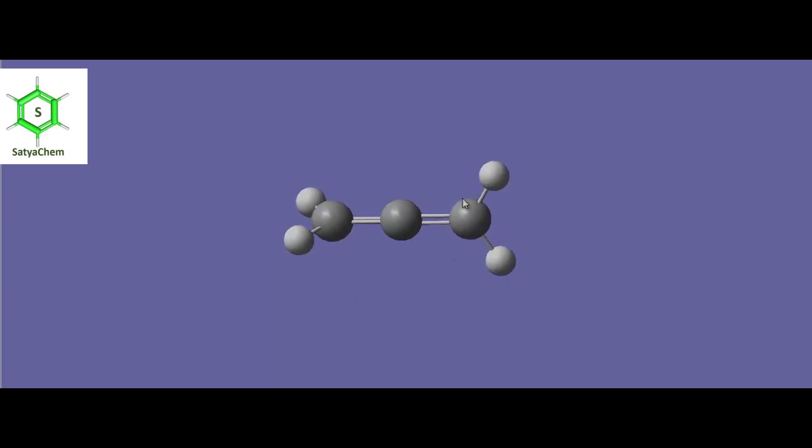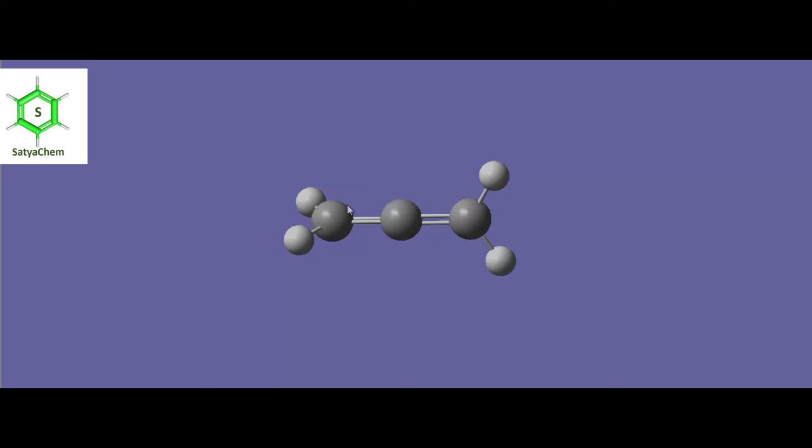See, this is the three-dimensional view of allene. The two terminal carbons are sp2 hybridized and the central carbon is sp hybridized, because I have told you that if the number of pi bonds arising from a carbon is 2, then that carbon should be sp hybridized.